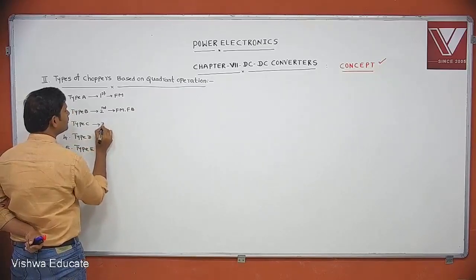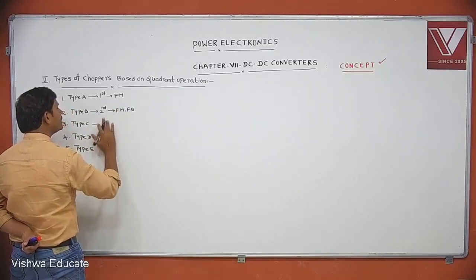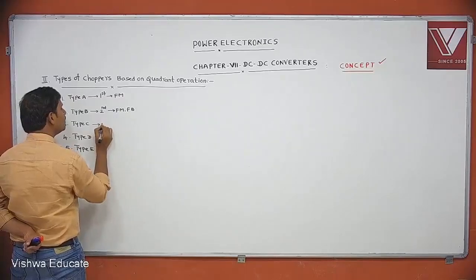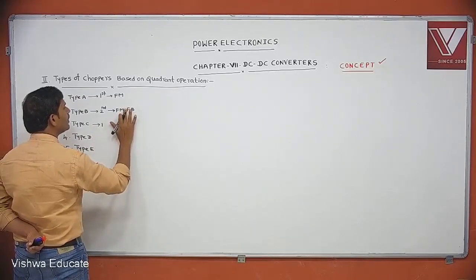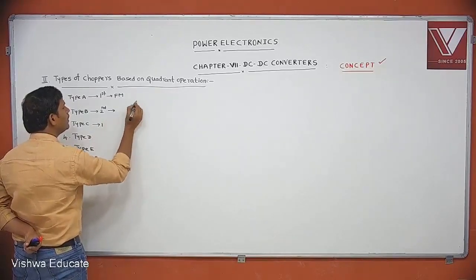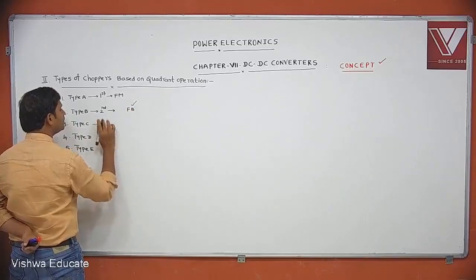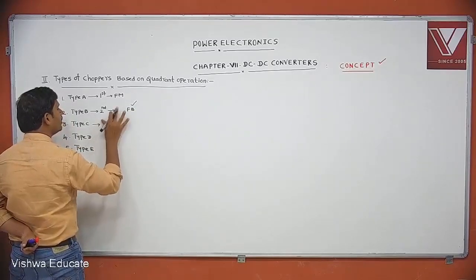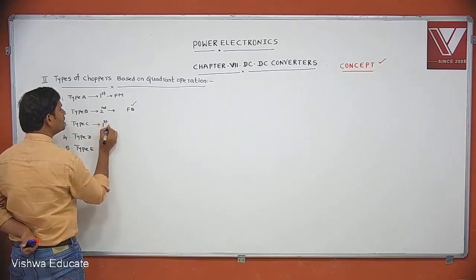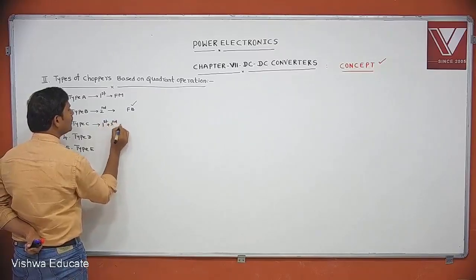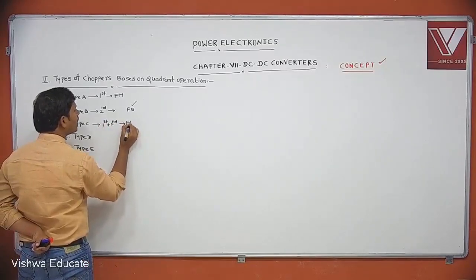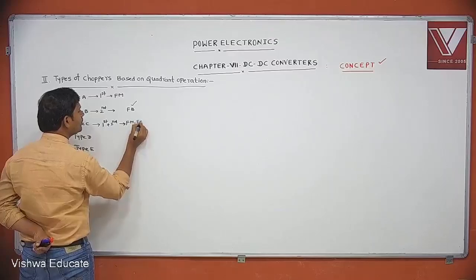Type C is first and second quadrant, used for forward motoring and forward braking.